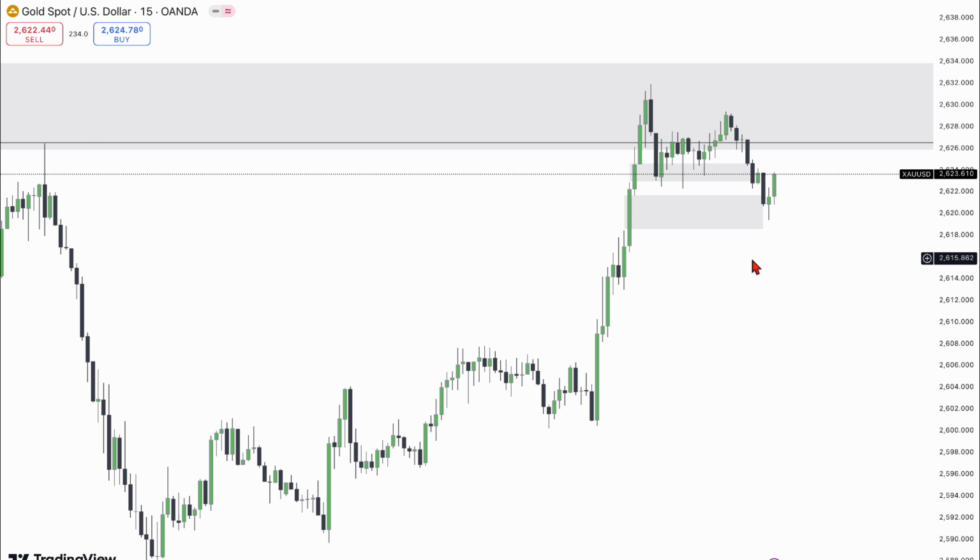As we studied earlier, the price didn't fill these fair value gaps before sweeping the previous day's high, making this a high probability setup. Here, you can see that after the price swept the previous day's high, it also swept the high of this 15-minute candle and closed inside. We will mark this candle as our CRT range.